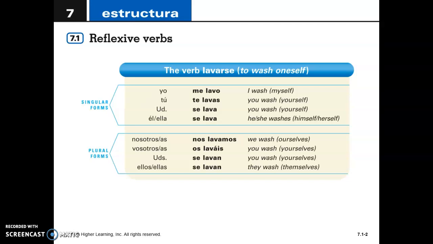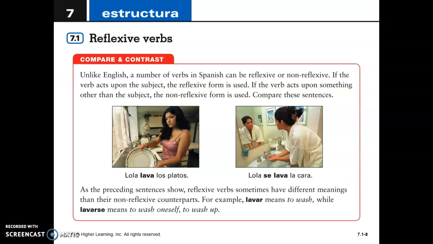The difference is that we are adding the pronoun at the beginning. So here we have a compare and contrast chart where I see that Lola lava los platos. She washes the dishes. Lola se lava la cara. She washes her face, okay?